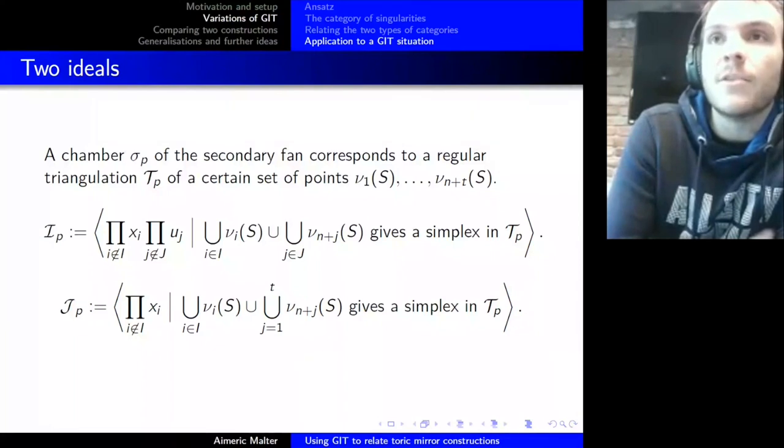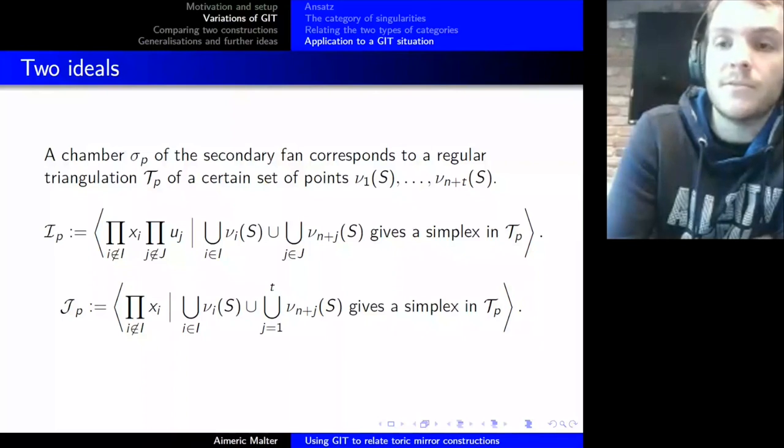In practice, if you write down the fan of your toric variety that you want to build a secondary fan on, each of these rays can be identified with a point by just taking the primitive ray generator, and these ray generators will end up being the points that you triangulate.